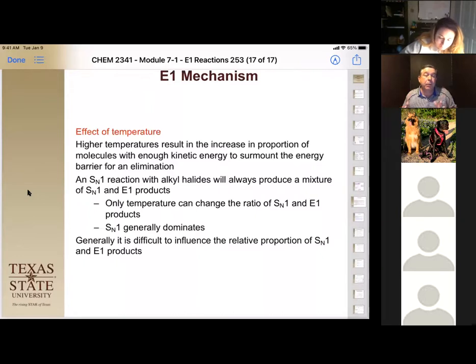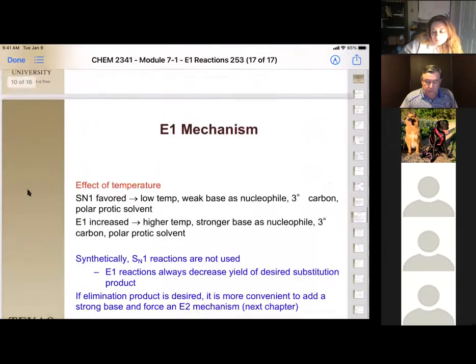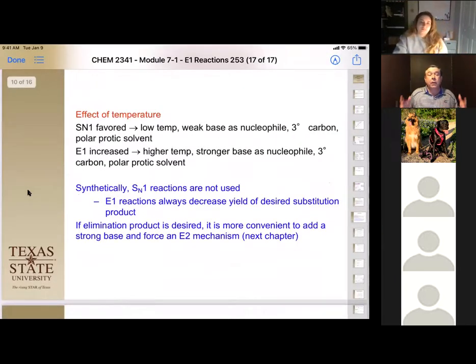However, with a poor nucleophile, the Sn1 will dominate. With a poor base, the Sn1 will dominate. And generally, it's a little bit hard to choose one or the other, but higher temperatures do start to favor the E1 product. Okay. So at low temperatures, we have a weak base as a nucleophile and our tertiary carbocation, and that makes it Sn1 favorable, okay?